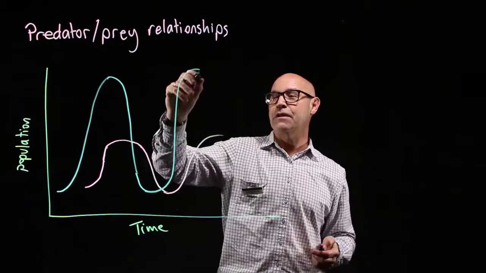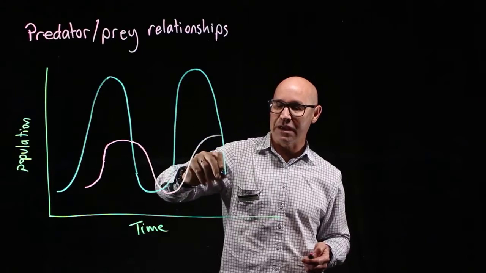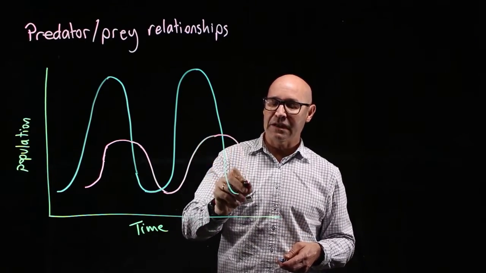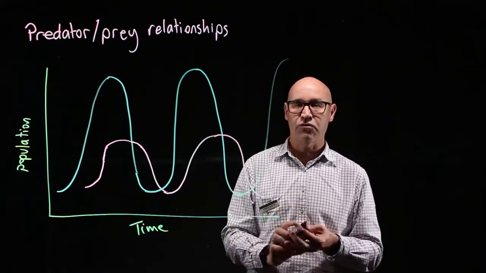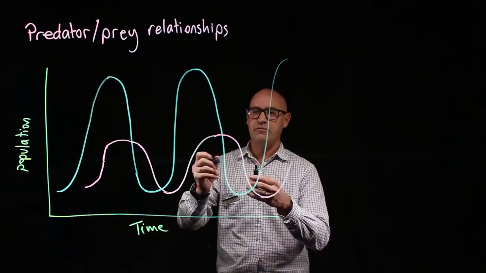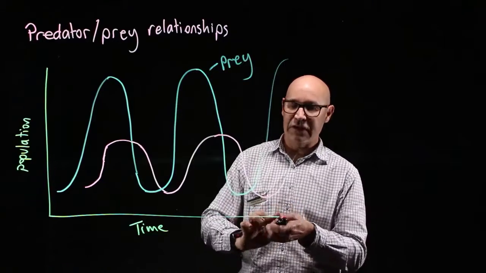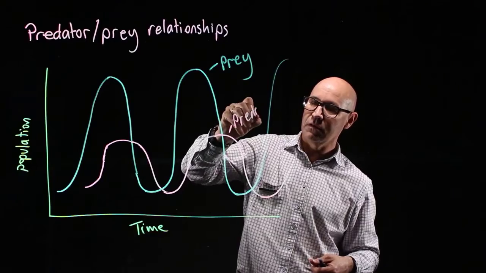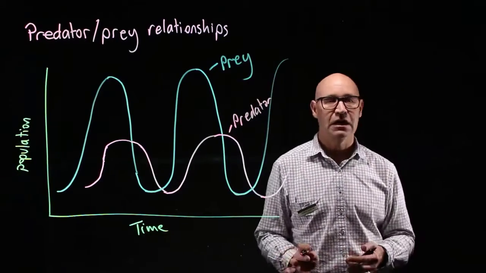So then, if there's an increased predator population, then that means we're going to have a decrease in prey population, and then we're going to have the same pattern happen with the predators, and it's going to continue to cycle like that. Now, I'm just going to go ahead and label this. This is the prey, and this is our predator population. Now there's a couple of observations I want you to make.